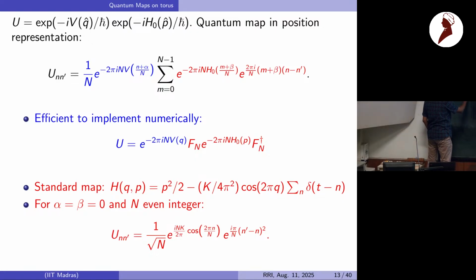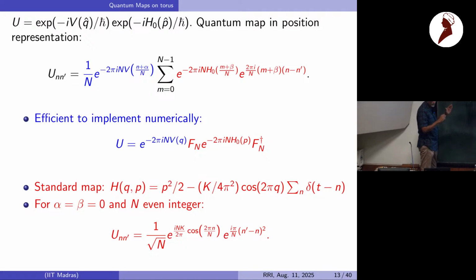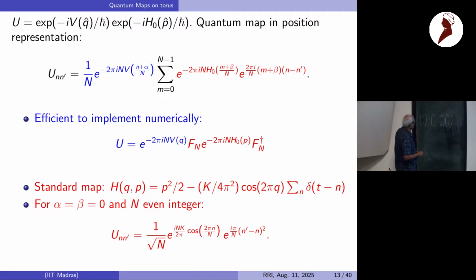So A, B, C, D are integers, and Q, P gives you Q prime, P prime. Now, if this is a linear map, then of course there's no chaos in it, but there will be instability. First of all, this is area preserving. We require that AD minus BC is 1.